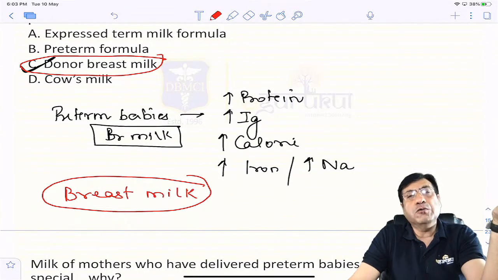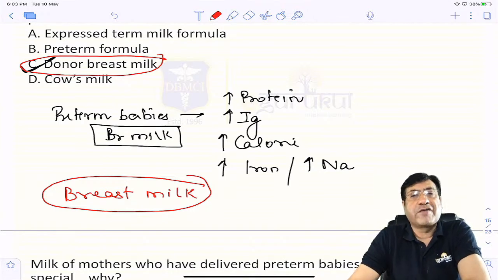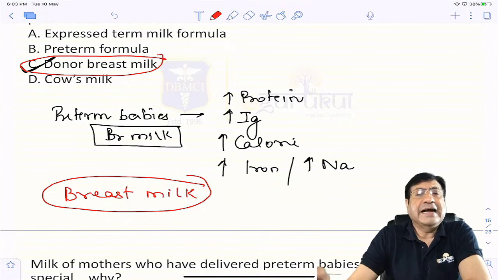It has its downsides also, some problems also. For example, when you are giving donor breast milk, you are likely to many times increase the risk of transmission of infections, especially viruses like HIV, cytomegalovirus, hepatitis B. And that is why pasteurization of this donor breast milk is now being recommended.